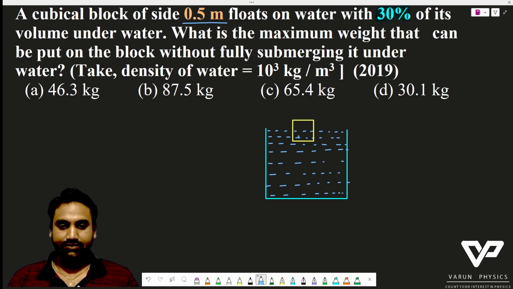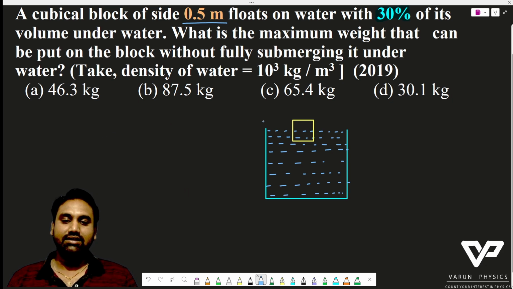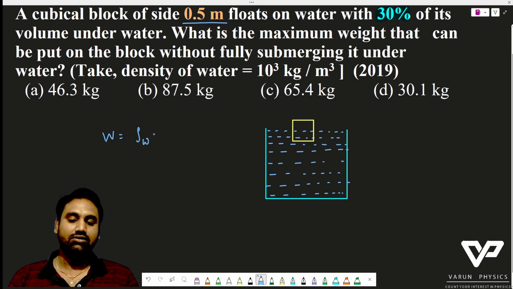weight of that object. So using the buoyancy theorem, when it is fully submerged, without completely sinking, just floating but fully submerged, the weight W is equal to the density of the water times the volume of the block times gravitation g. The density of water given here is 10 to the power of 3 kg per meter cube.